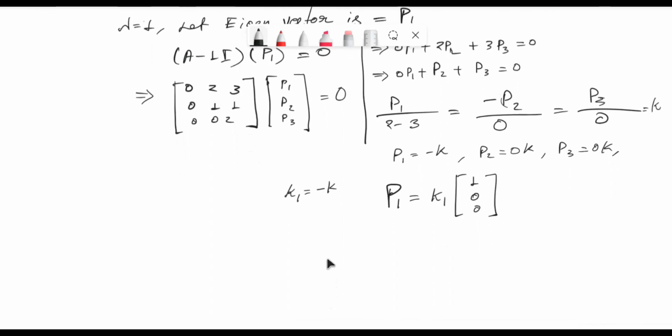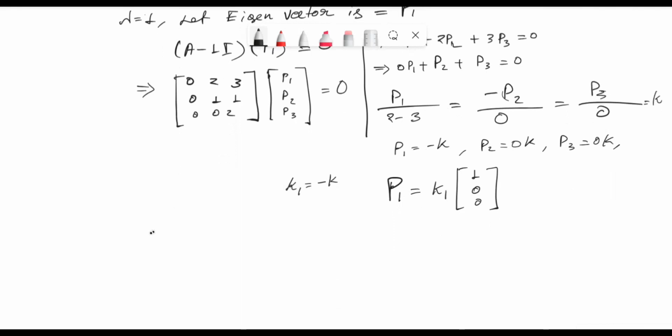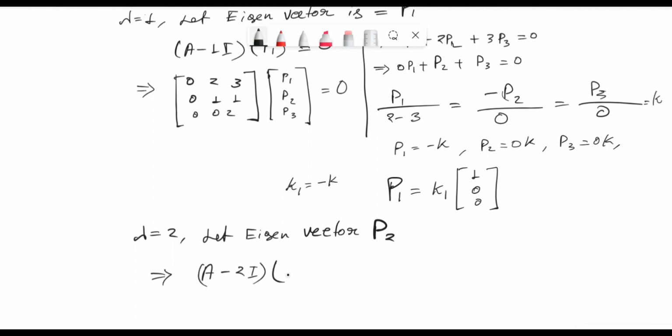Next we have to find the eigenvector for lambda equal to 2. Let the eigenvector be capital P2. So we have (A minus 2I) into capital P2 equal to 0.